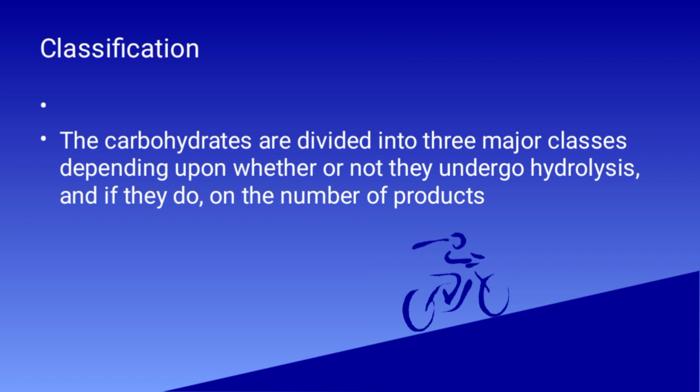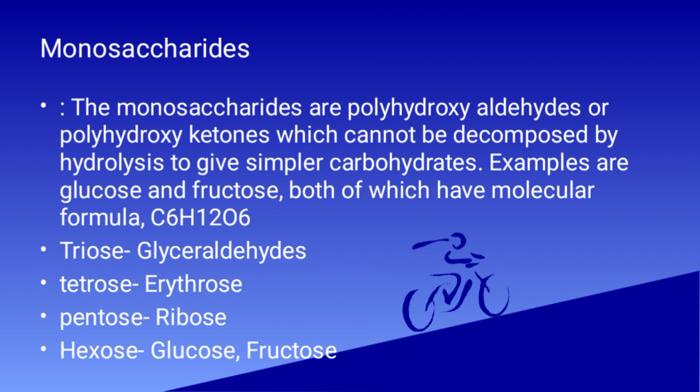Classification of carbohydrates. Carbohydrates are divided into three major classes depending upon whether or not they undergo hydrolysis, and if they do, the number of products. First one, monosaccharides. The monosaccharides are polyhydroxyaldehydes or polyhydroxyketones which cannot be decomposed by hydrolysis to give simple carbohydrates.